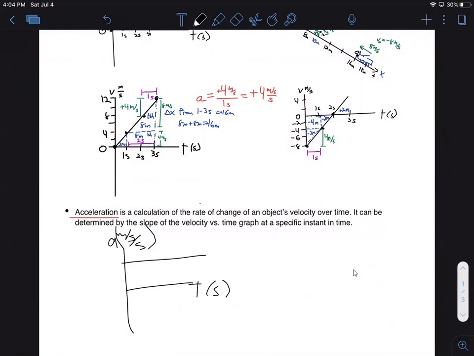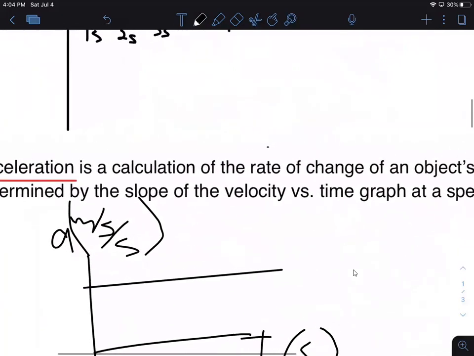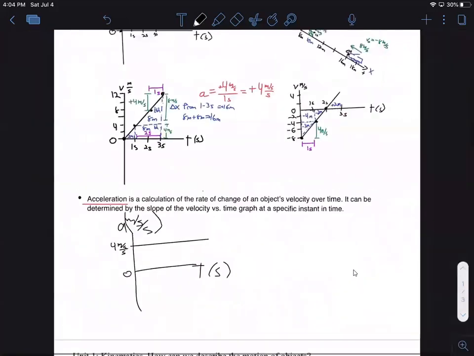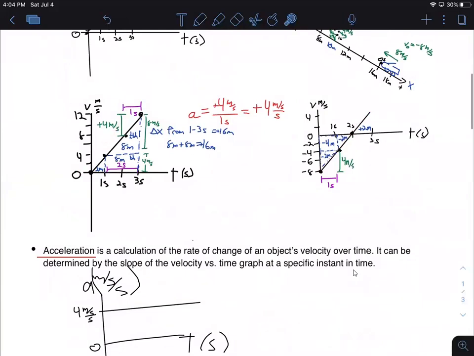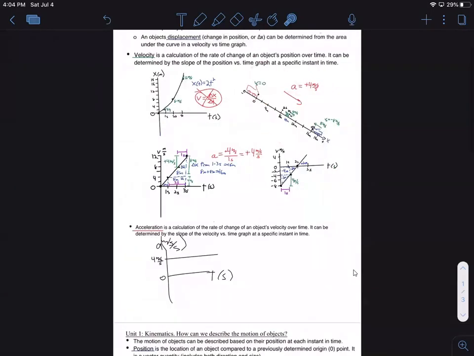And it would just be a straight line at 4 meters per second squared because this slope is constant. And you'll notice they have, as we said, the same acceleration, same slope, even if they have different velocities and different positions and all that. They're going on that same ramp.